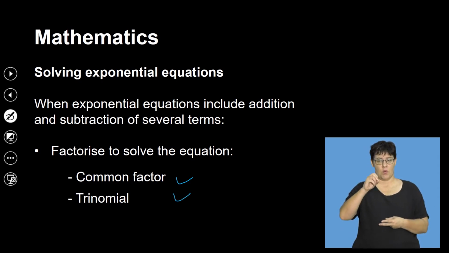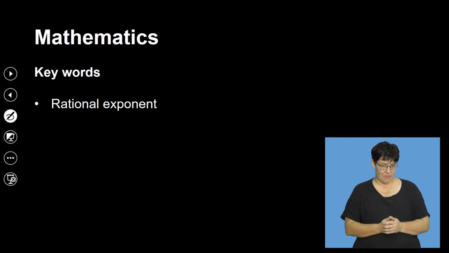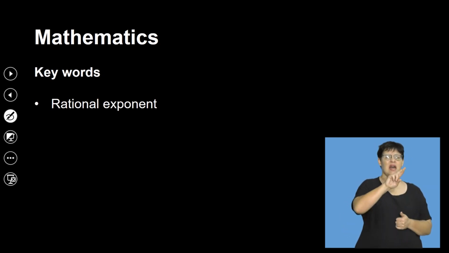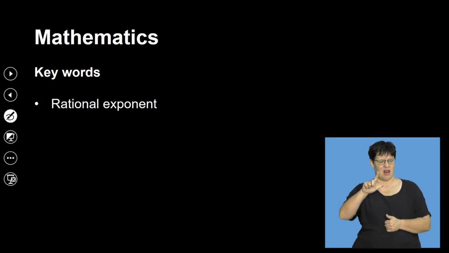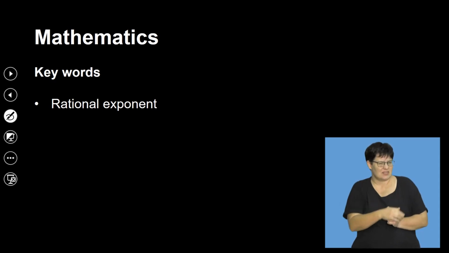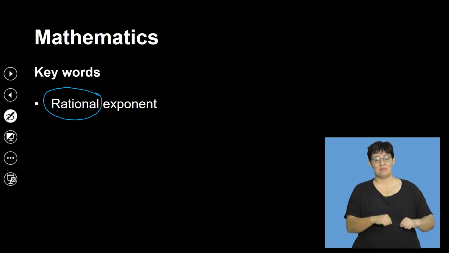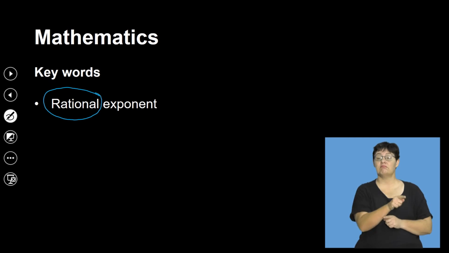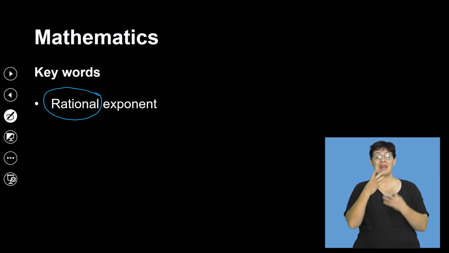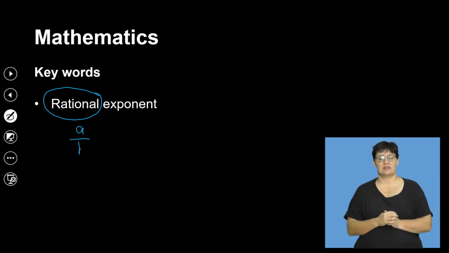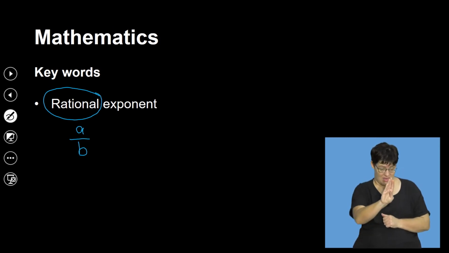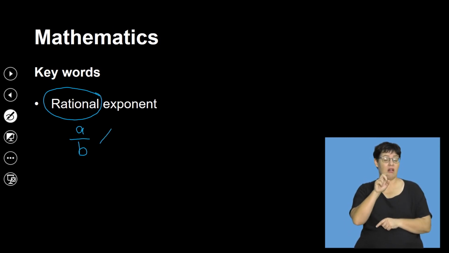But before that, I just want to go back to the concept of a rational exponent quickly so that you understand what we are talking about, right? Remember, from defining number systems when we started doing our maths at an early age, they called a rational number a number that can be written in the form of A over B. Similarly with a rational exponent, it's the same thing.